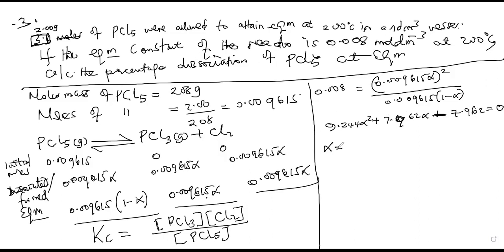So our alpha will be equal to minus b, so it is going to be negative 7.962 plus or minus, because all of this is a, b, c, plus or minus b squared, which is 7.962 squared minus 4 times a times c, negative 7.962, everything over 2a.